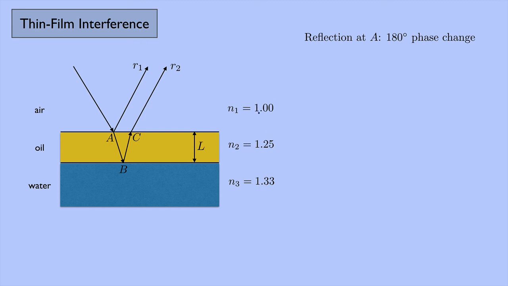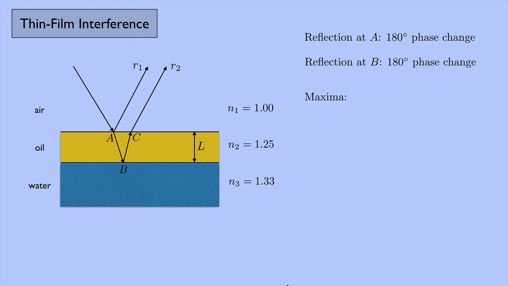That means a smaller value of index of refraction to a larger value of index of refraction, and in that case there is a phase change of 180 degrees. At B, that's down here between the oil and the water, again we have a phase change because we're going from 1.25 to 1.33, which is larger.